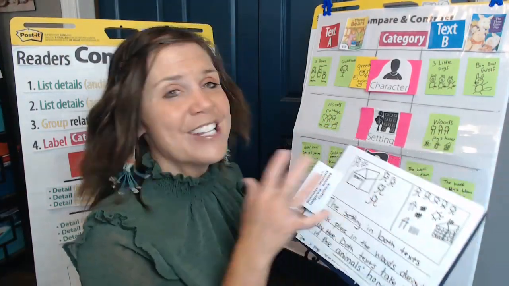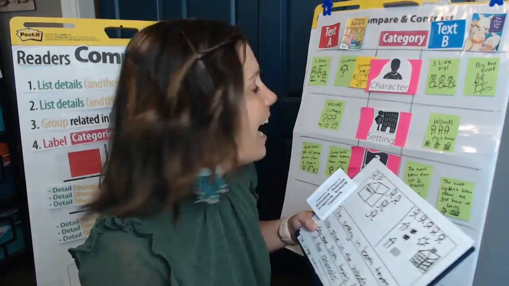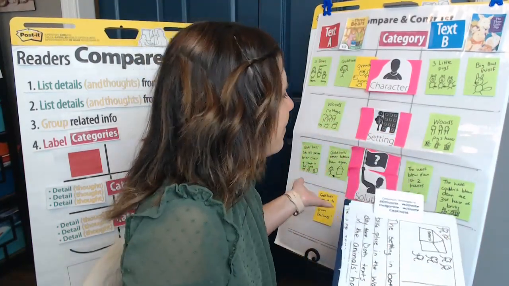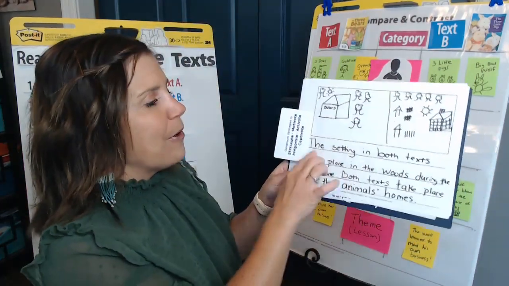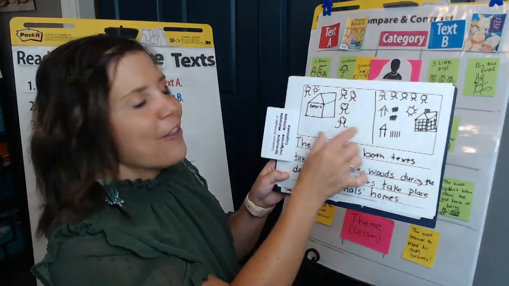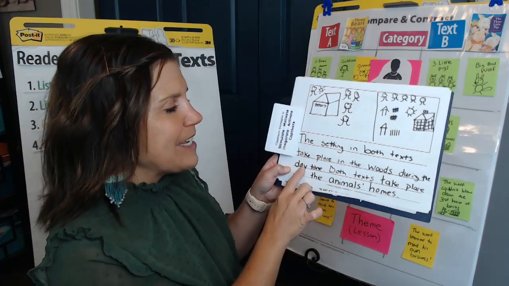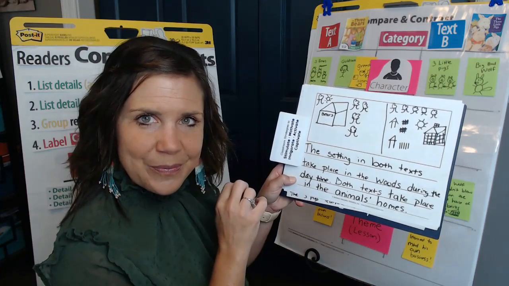So the setting is so similar. They are so much alike. I couldn't really come up with how they're different, but they are a lot alike. So I wrote two sentences about how they're alike.